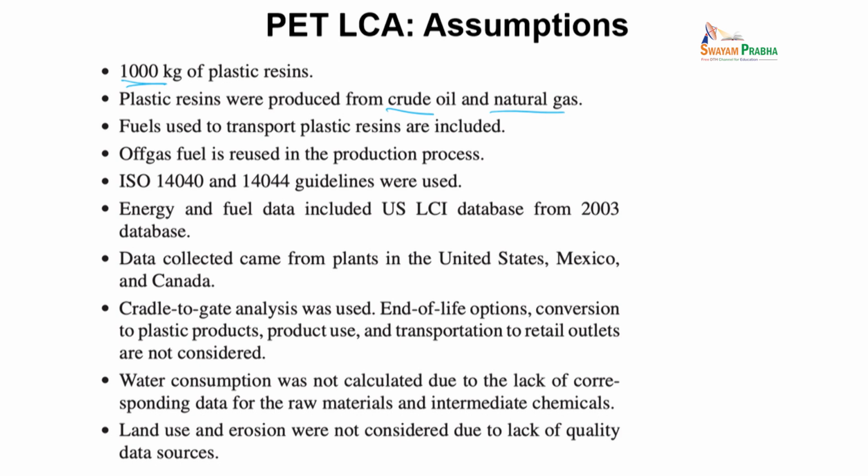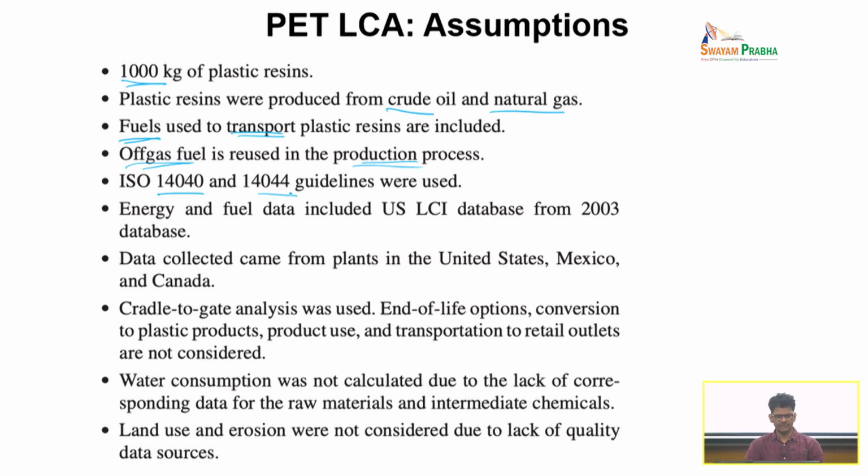Transportation is also very important, because all these materials are not available in one place. You are procuring different materials from different places, and fuel consumption is important for the transportation costs. Whereas in the production process, they use off-gas fuel, which basically means that in this process itself some gases will come out, and that can be used for other heating purposes, some sort of process optimization.